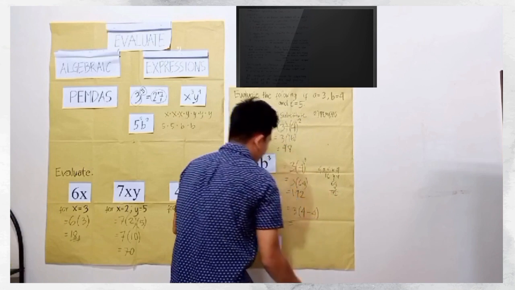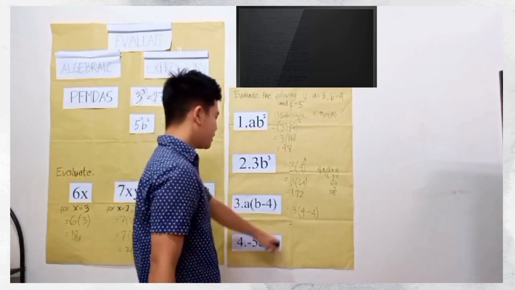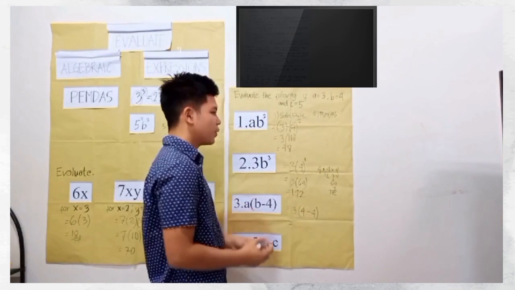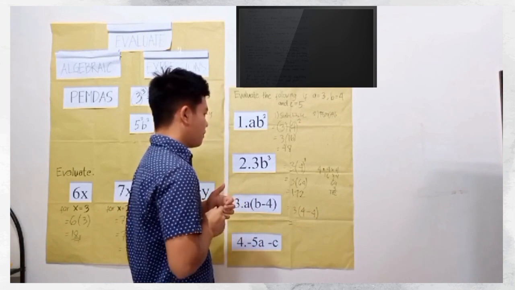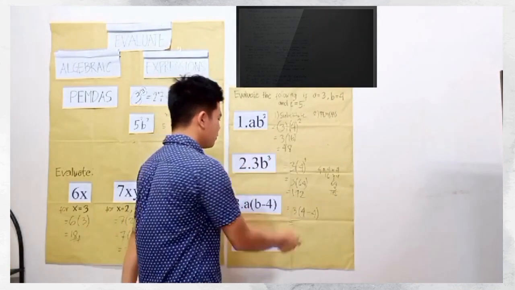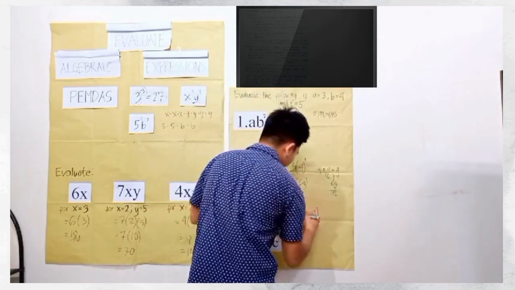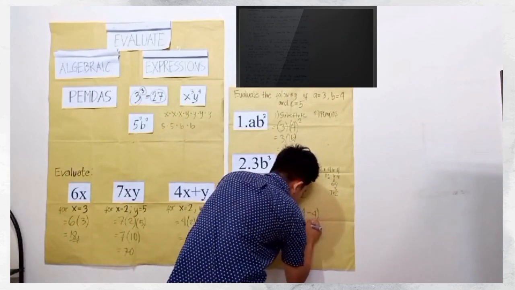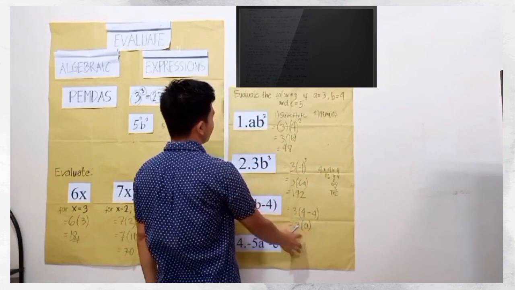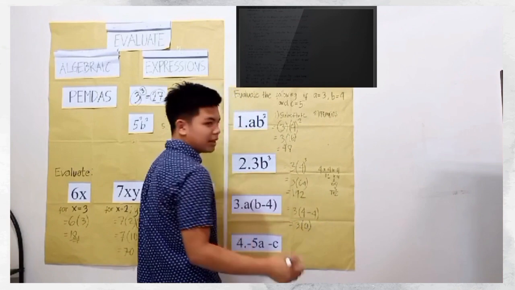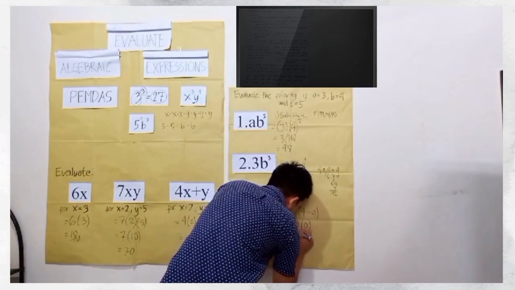We have a parenthesis, so this is enclosed in parentheses, and we are going to solve this first. 4 minus 4 is equal to 0. 3 times 0, if we simplify this one, we'll have an answer of 0.